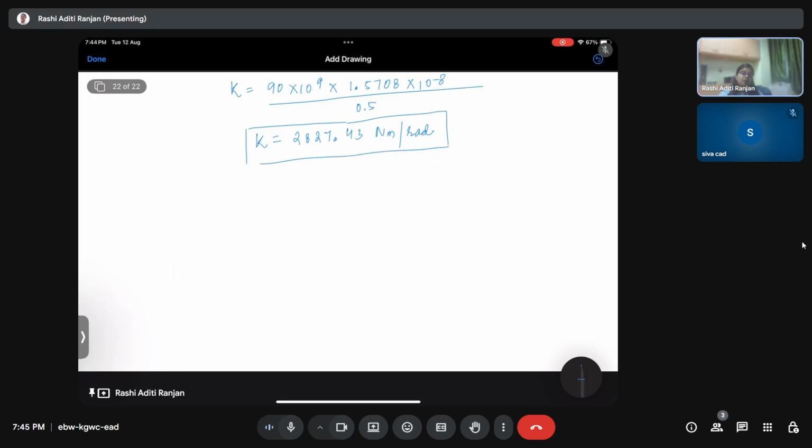But I do need a value of I equivalent, to be precise, in order to find out the natural frequency, right? So what do I have to do? Firstly, we need to find the relation of I equivalent, not equivalent, actually it should be I effective.